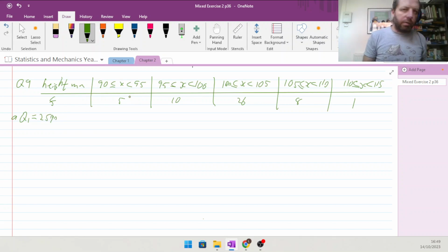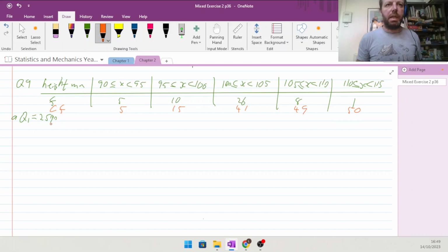So we've got 50 people on here, cumulative frequency 5, 15, 30, 41, 49, and 50. So the 25th percentile is going to be the 12.5 person, 50 divided by 4.